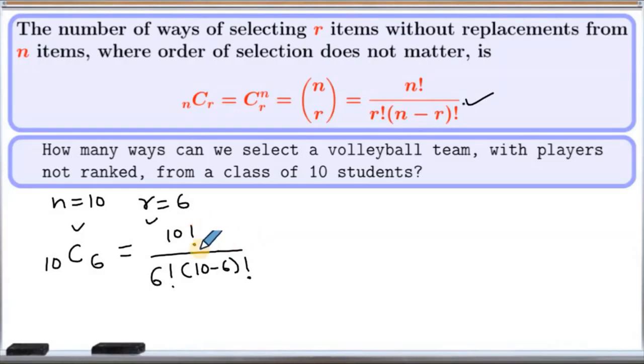So 10 factorial over 6 factorial times 10 minus 6 factorial is equal to 10 factorial over 6 factorial times 4 factorial.